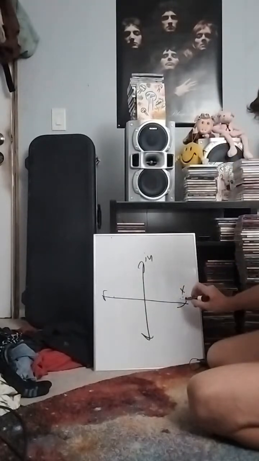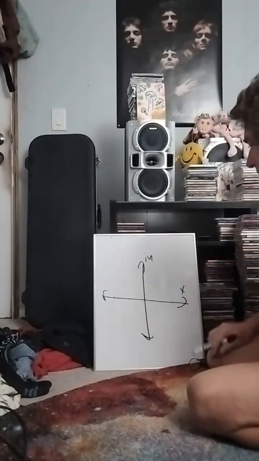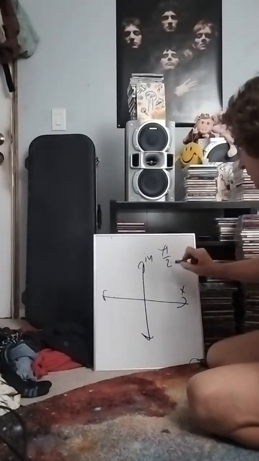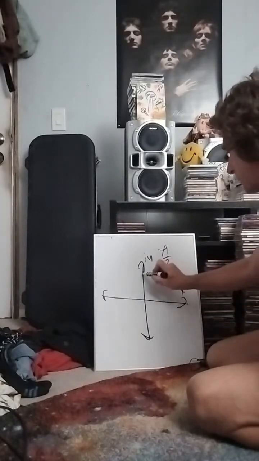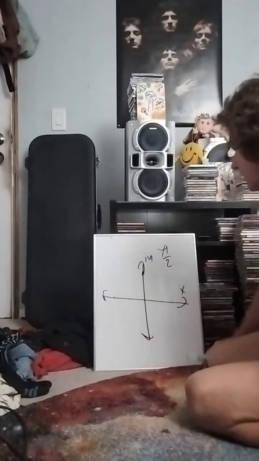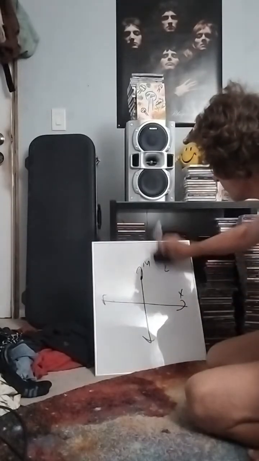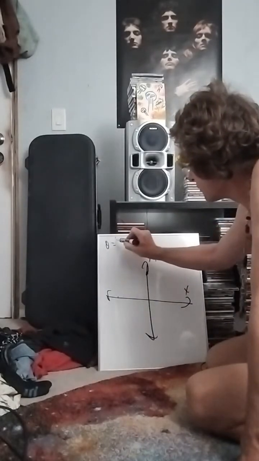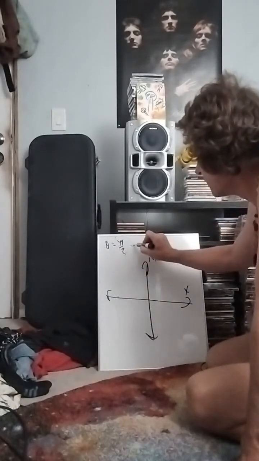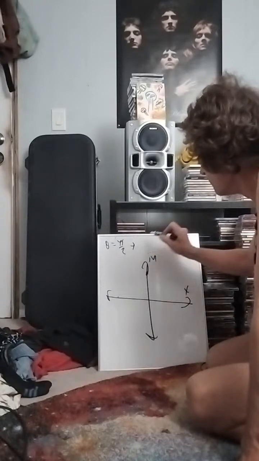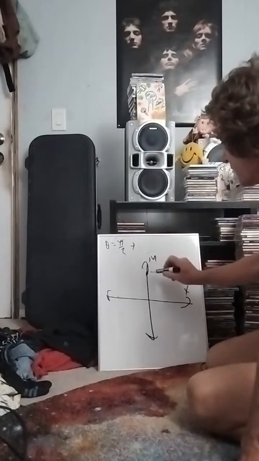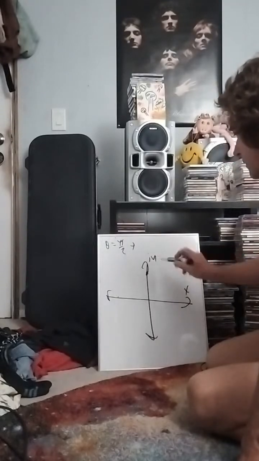But what if theta equals pi over 2? Then that would make that point, and that's i y.